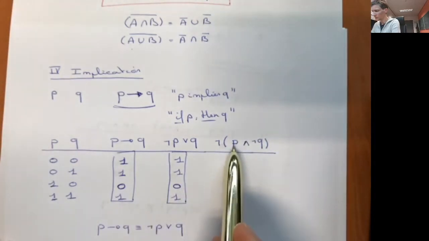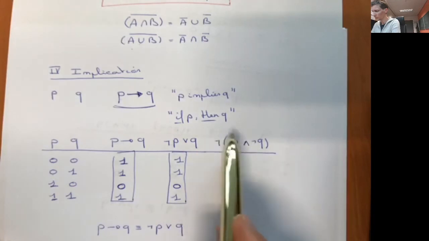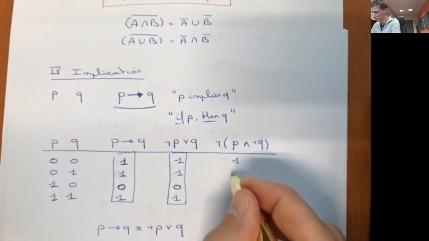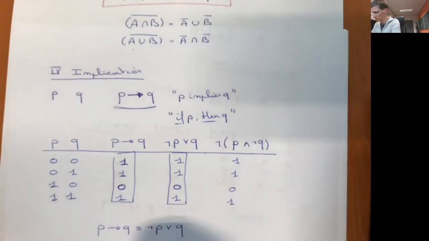So it's not the case that P is true and Q is false. So when will this be true? Well, we have the same formula here. Okay. So this is also equivalent to negative P and not Q. So P implies Q whenever it's not the case that P is true and Q is false.